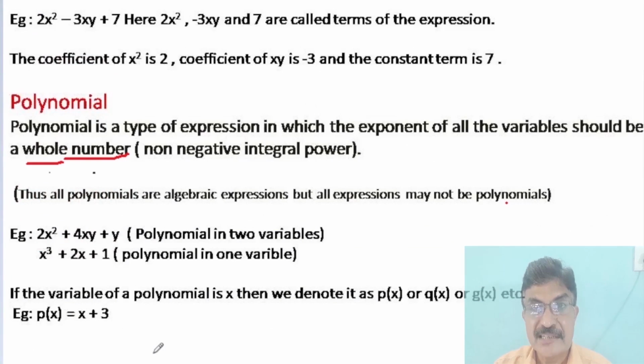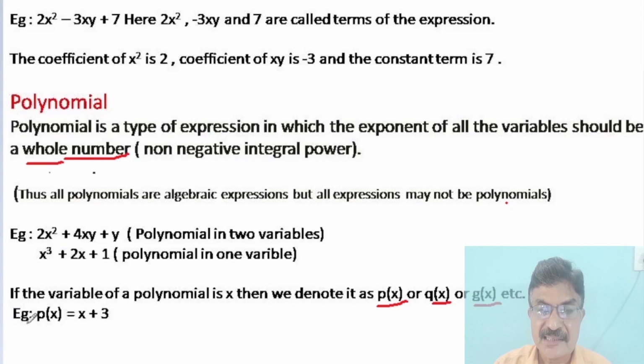Then we will look at how we name the polynomial. If the polynomial contains a variable x or y or z, whatever it may be, then if the variable is x, we denote the polynomial as px or qx or gx, etc. So this polynomial can be written as px. Px is equal to x cubed plus 2x plus 1.